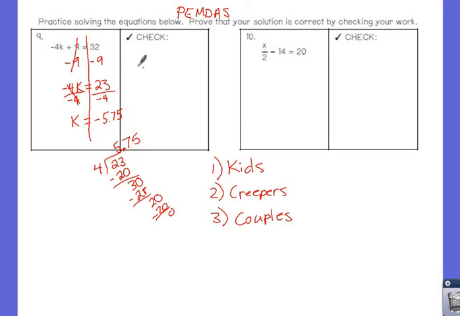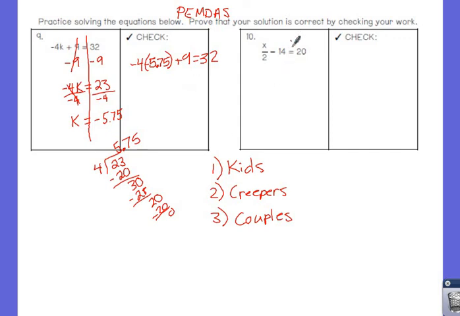So you would do negative 4 times a negative 5.75 plus 9. If that gives you 32, you know you did something right. But remember, we're not going to have decimals on our quiz tomorrow. Decimals are going to come later, so it'll be easier to work with.